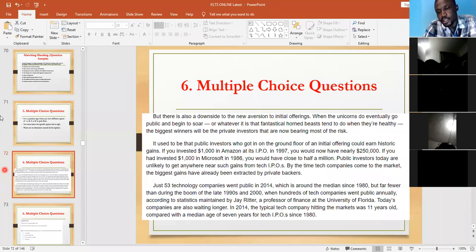Okay, the thing there is that it normally happens when, maybe there are 10 options and the paragraph is just about 6. So you'll be left with 4 options that have no answer.